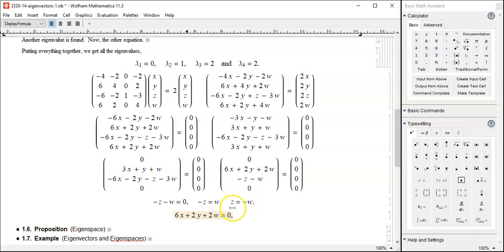Here we already used up. So let's solve it for w. So 3x plus y plus w, so w is equal to negative 3x minus y. Are you with me here?